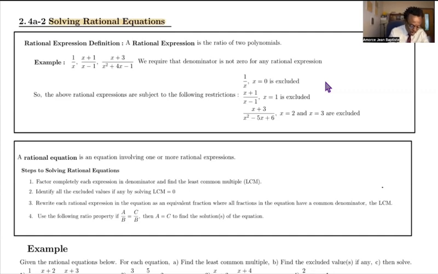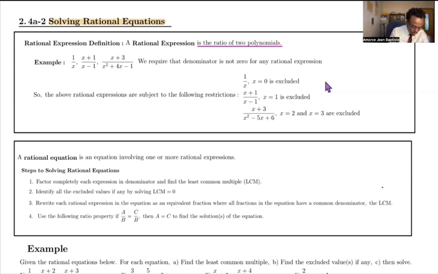A rational expression is an expression that is the ratio of two polynomials. So if you have a fraction where you divide a polynomial by another polynomial, then it's a rational expression.